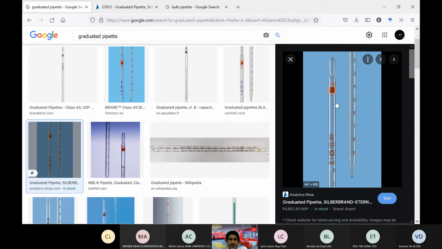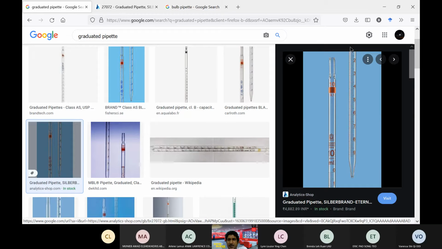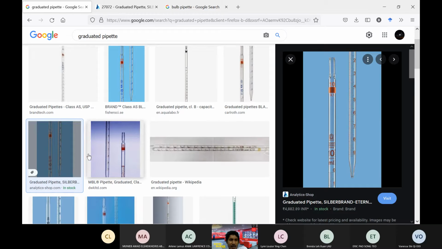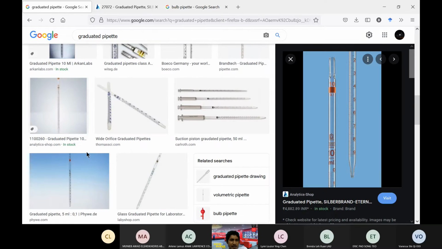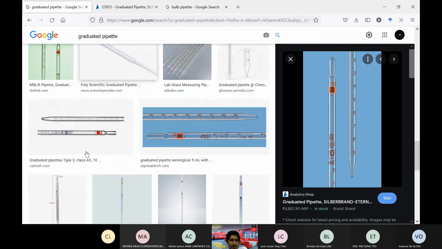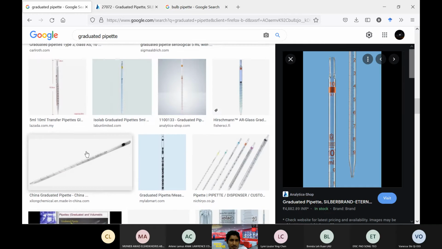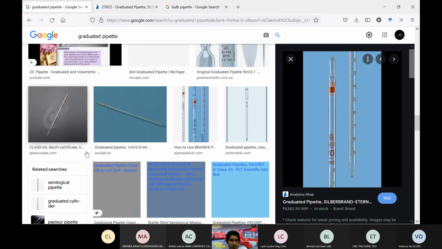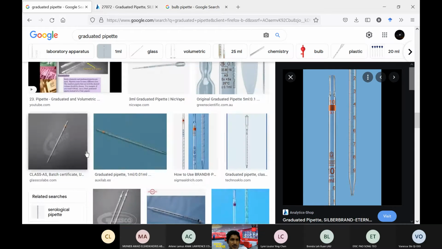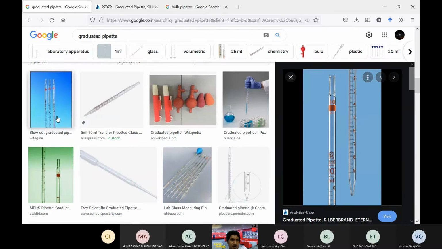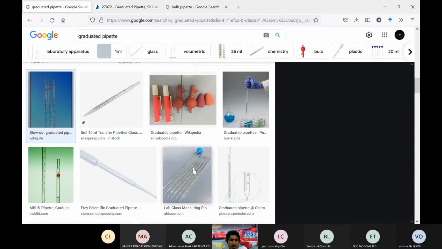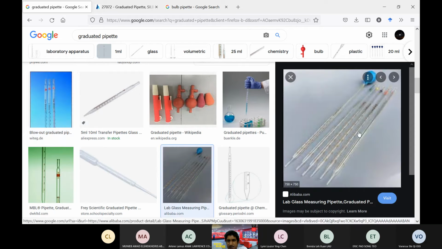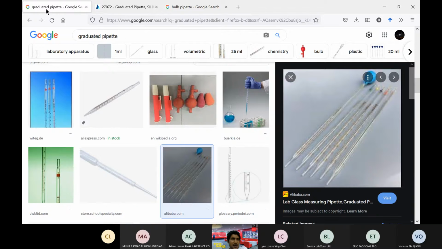All right. So this is what a graduated pipette looks like, this one. And the bulb pipette that we call, there is a bulb in the pipette. All right, so this is a graduated pipette. This is also a graduated pipette, the same thing.